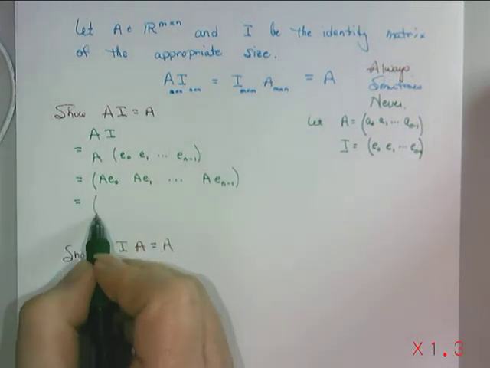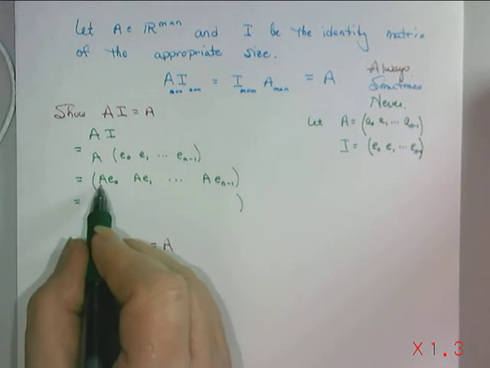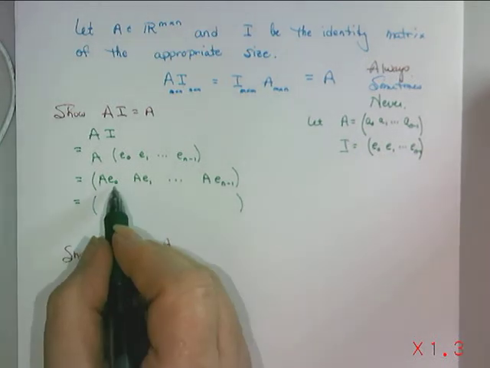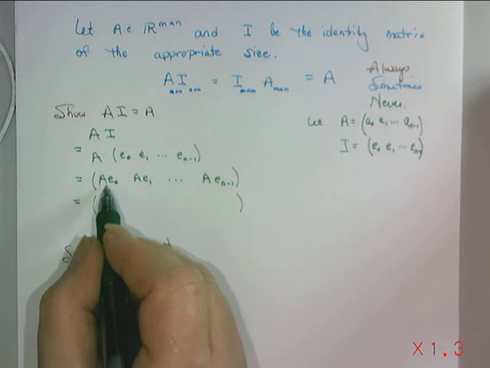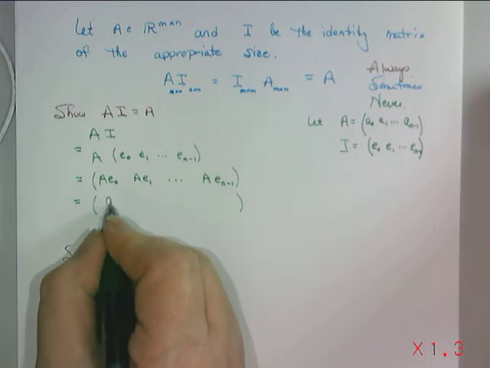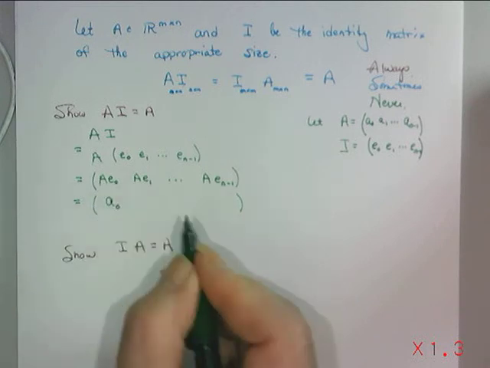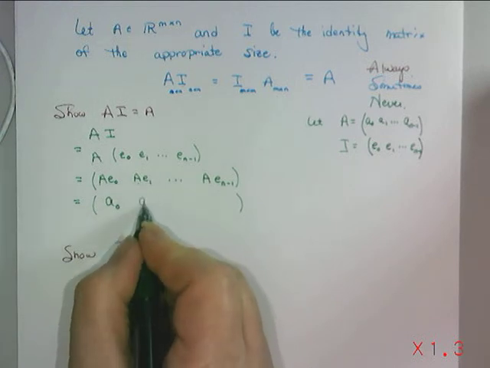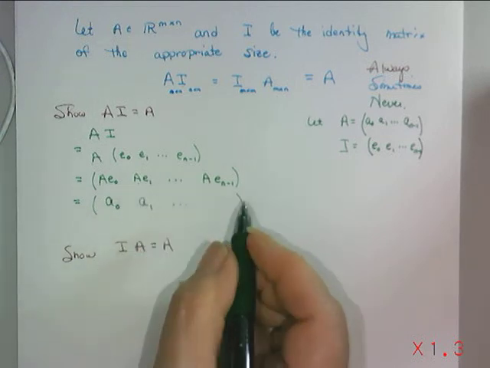Well, A times any of the unit basis vectors just pulls out the corresponding column in A. So A times E sub 0, the first unit basis vector, pulls out the first column of A. That's A sub 0. A times E sub 1 is going to be A sub 1. And so forth.